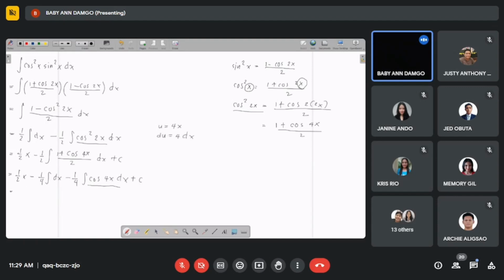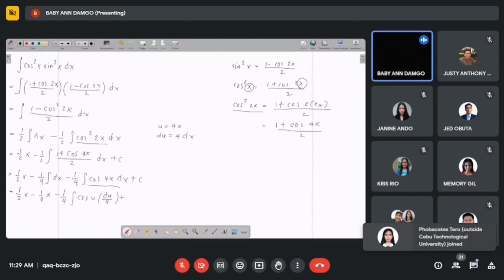Okay, so we have 1/2 x minus 1/4 integration of dx, which is x, minus 1/4 integration of cosine 4x dx. So we use substitution: cosine, the 4x is u, and dx is du over 4, plus c.